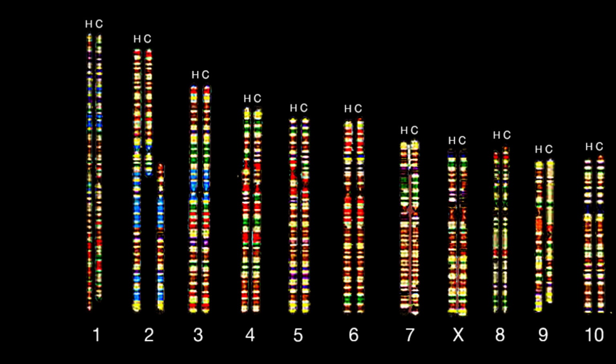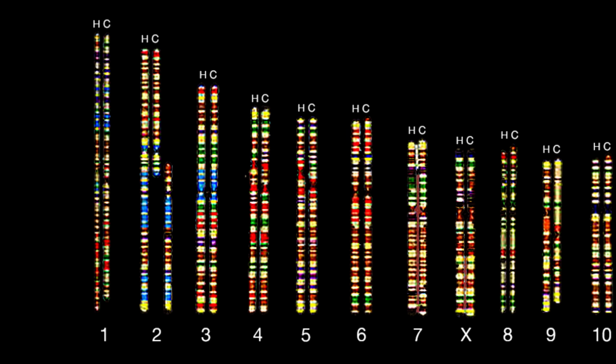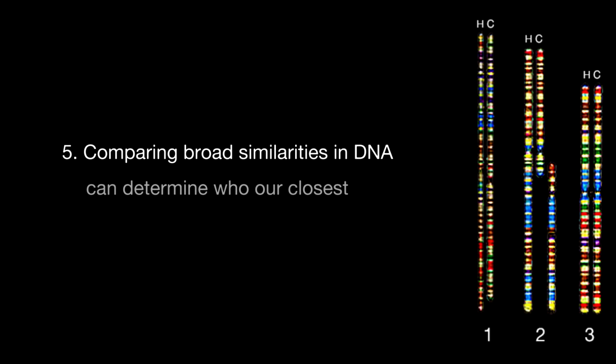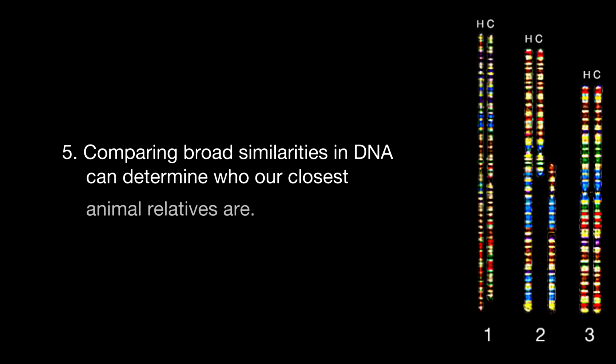But then at some point in the branch that led to humans, 2 chromosomes fused to become 1, reducing our total to 2 sets of 23. So my reason number 5 is, just like a DNA test can determine who your closest human relatives are, comparing broad similarities in DNA can determine who our closest animal relatives are.